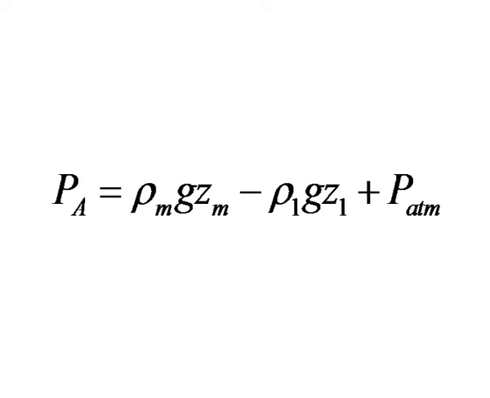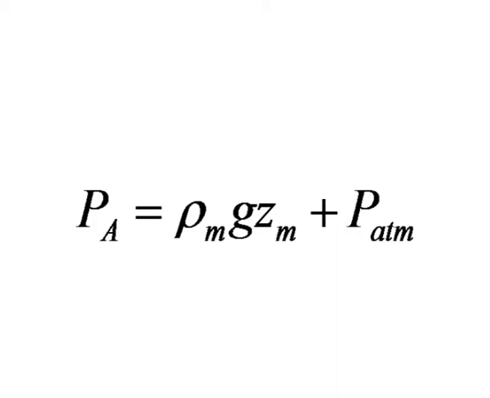Pa is equal to rho m g Zm minus rho 1 g Z1 plus P atmosphere. If the density of the manometer fluid rho m is much larger than the fluid in the vessel rho 1, then the pressure at location A in the vessel is simply Pa is equal to rho m g Zm plus P atmosphere.